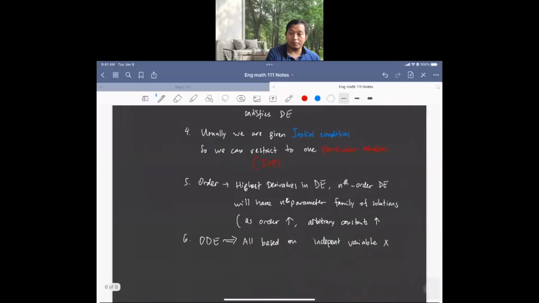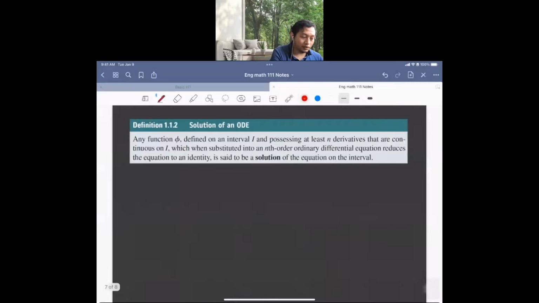As I mentioned in my writing here, the nth order will define the n parameter family of solutions. So what this means is, first, the function needs to be defined on some interval. They possess at least n derivatives.